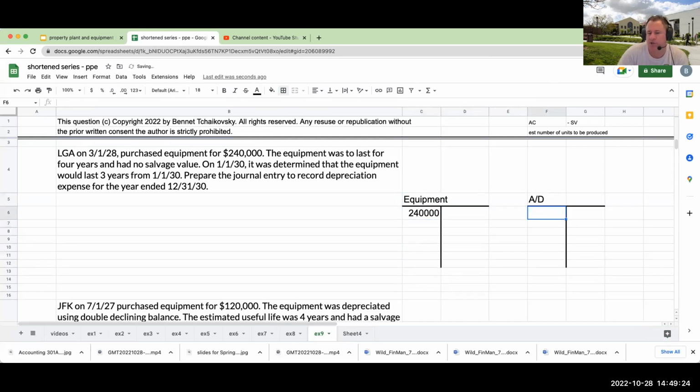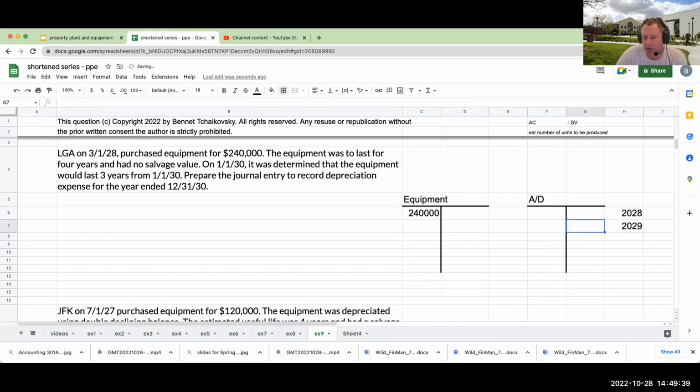Accumulated depreciation. I'm making the change on 1/1/30. So on 1/1/30, now changing, I need to figure out what I did during 2028 and what I did during 2029. I've got to figure that out because this is going to give me my new depreciable base.